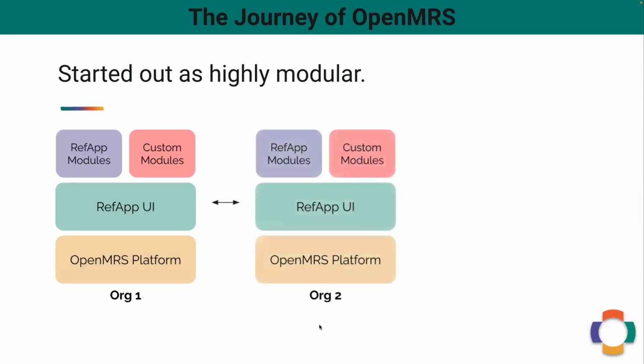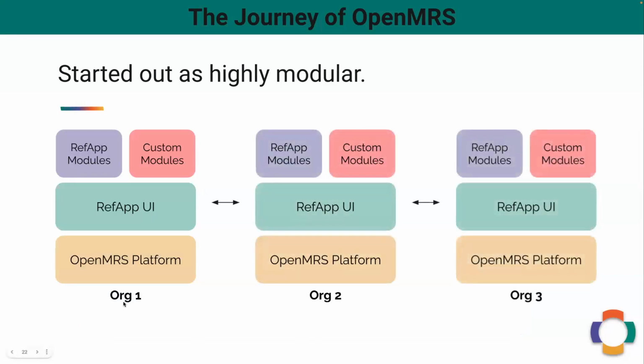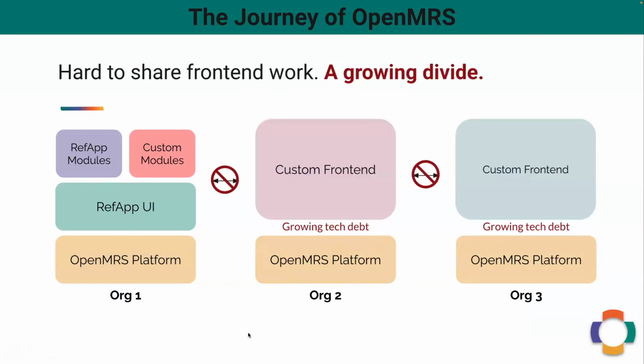Over time, though, the vision was that different organizations, if we go org 1, 2, 3, ABC, etc., would be sharing the same version of the platform, ideally with a shared user interface, but they could customize that with modules. But as time went by over the years, different teams, for very reasonable reasons, needed to change their front-end technology.